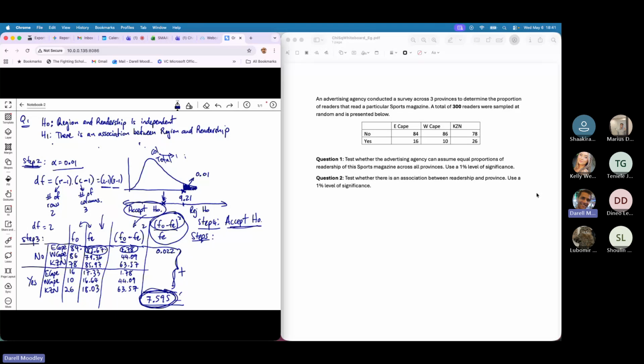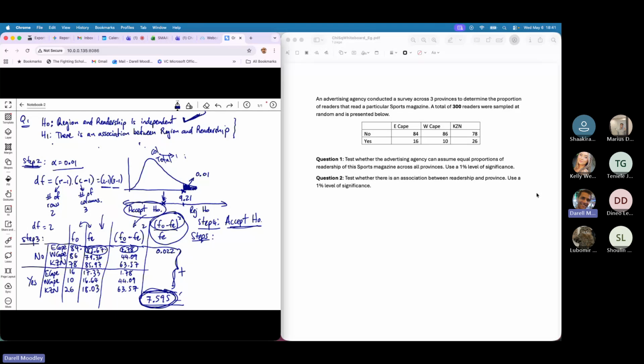Now, step 5 is going to be different because your H naught is not testing whether proportions are equal. Here, you're accepting H naught, so that means you're accepting this. So all that means is that from the result of this test, region and readership is independent because you're accepting H naught. So your conclusion is just different.